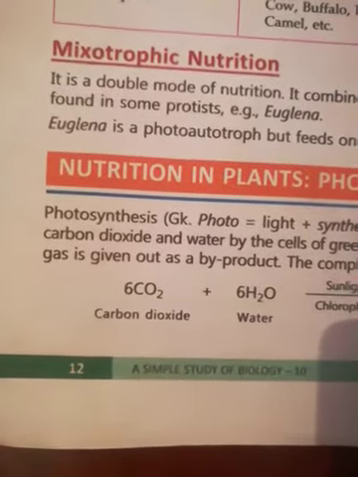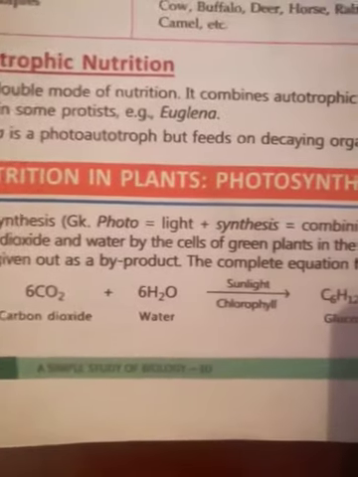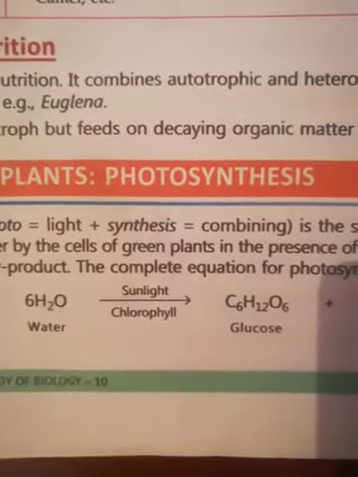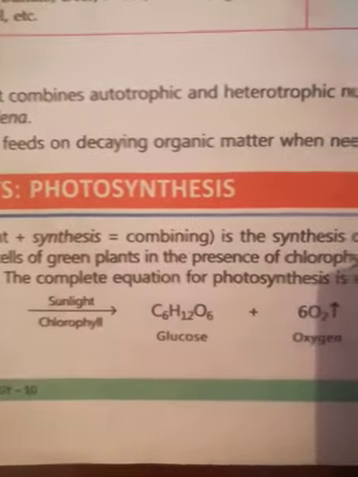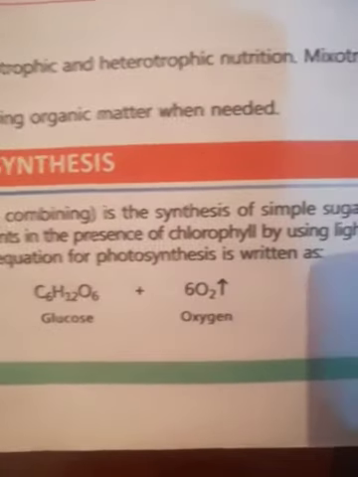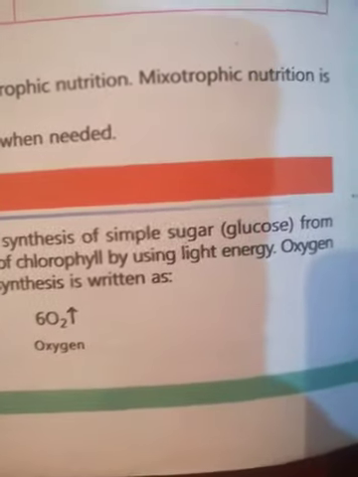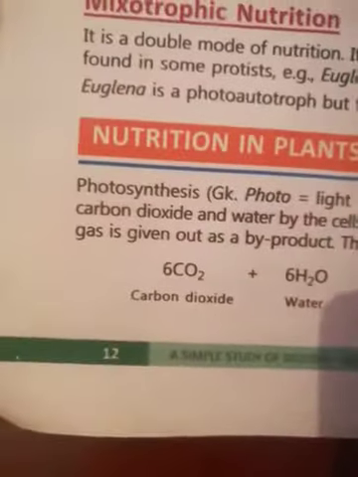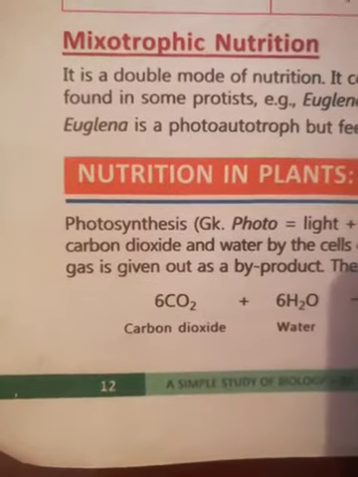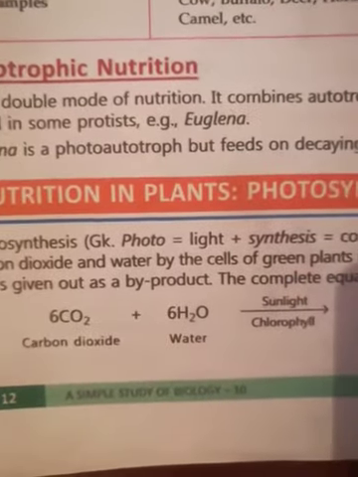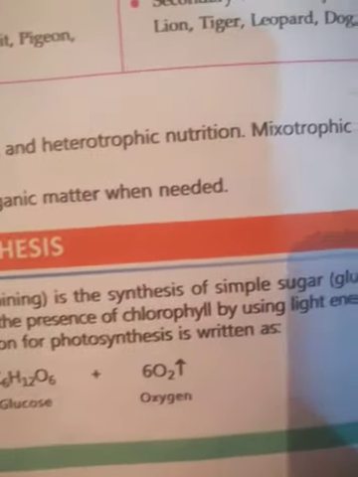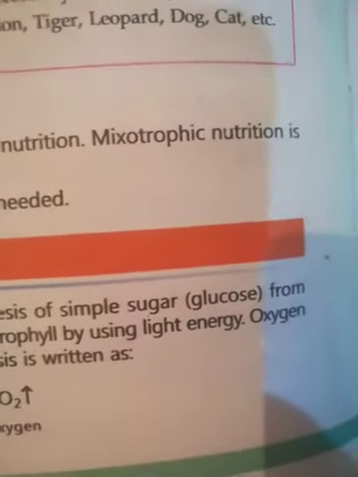Photo means light, synthesis means to prepare or combine. It is the synthesis of simple sugar like glucose from carbon dioxide and water by the cells of green plants in presence of chlorophyll, by using light energy.